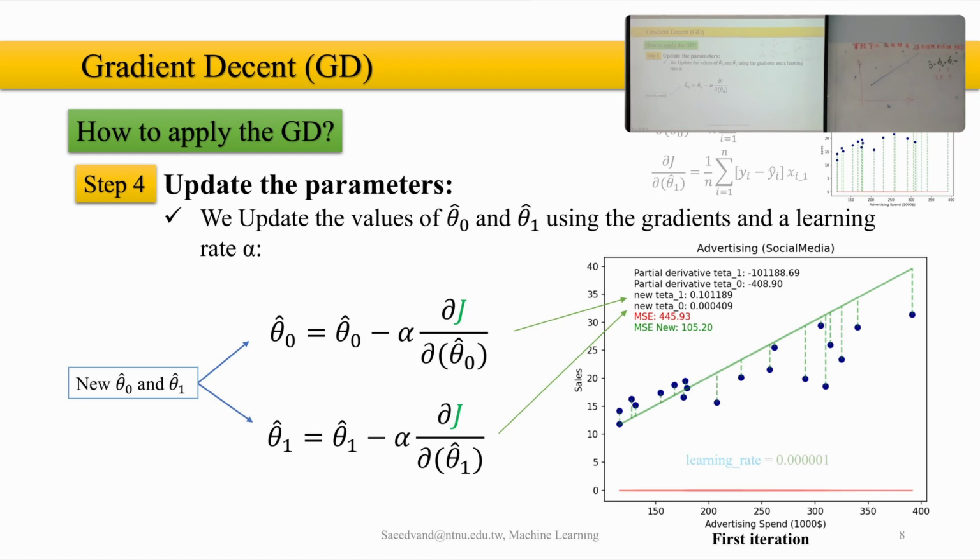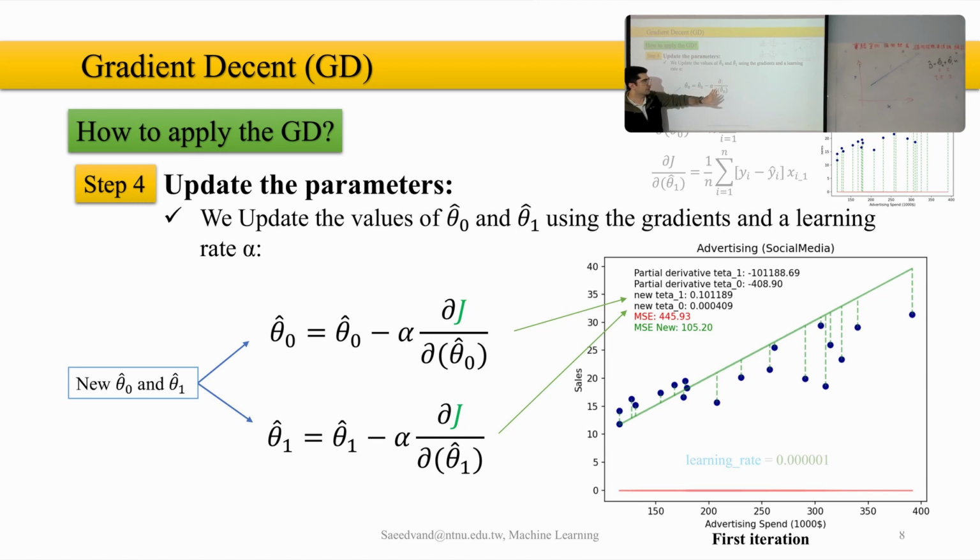Now how can we write it? We calculated two slopes, right? Two gradients, one for theta hat 0, one for theta hat 1. Now we can use them. We can say theta hat 0, the new value, is equal to theta hat 0, the previous value, whatever it was, subtracted by the learning rate alpha times the gradient that I calculated in the previous slide.